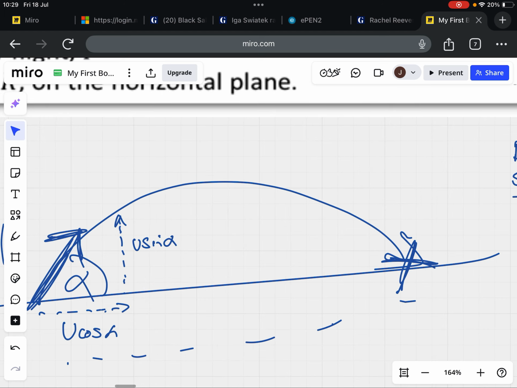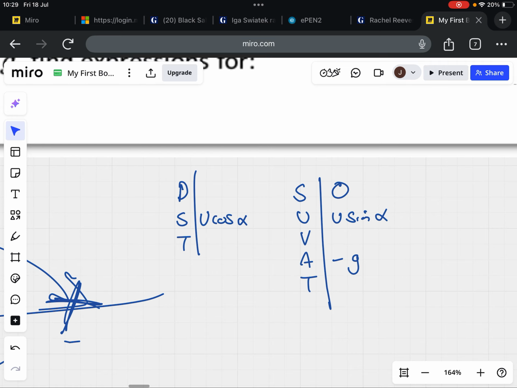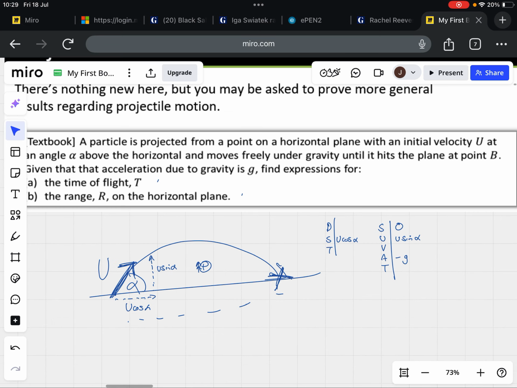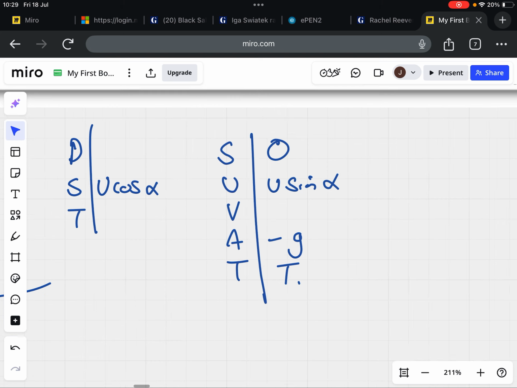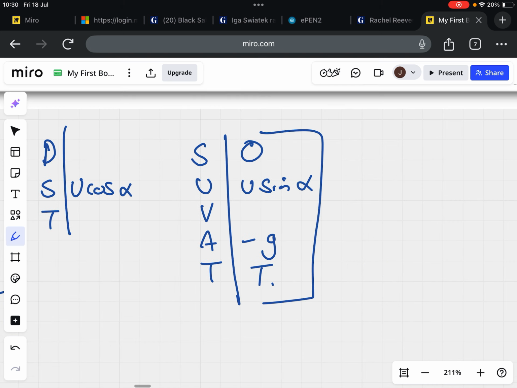So again, as per pretty much always, I've made up my positive direction, haven't I? And what's the goal here? The time of flight. So let's just call this t. Anything else I want to do? I think that's fine for now. So I've got 4 bits of information.